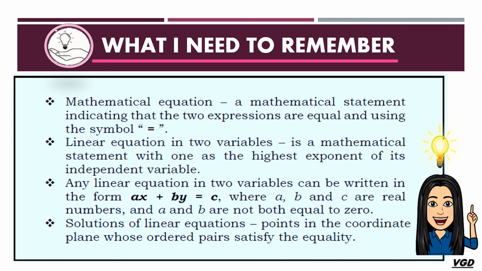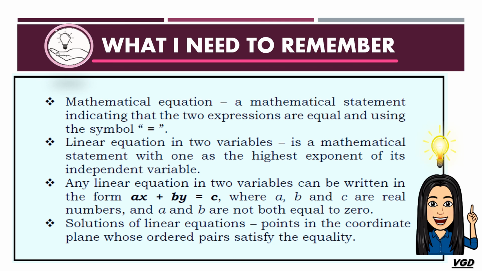And take note that as you answer the activities in this lesson, you have to remember the following. A mathematical equation is a mathematical statement indicating that the two expressions are equal, using the equal sign.